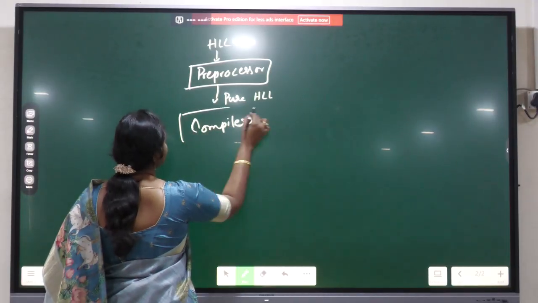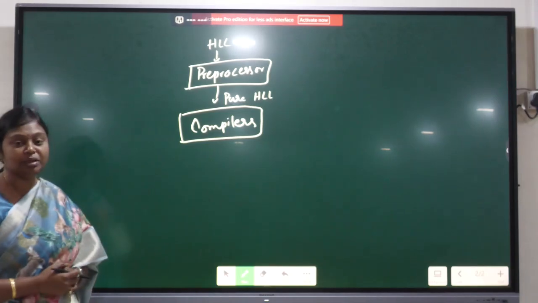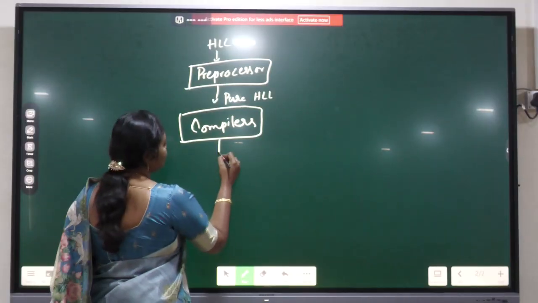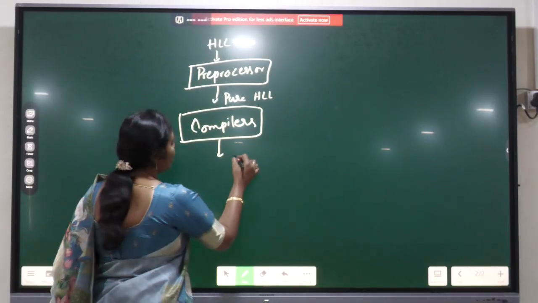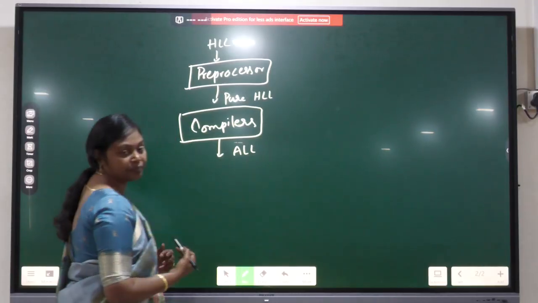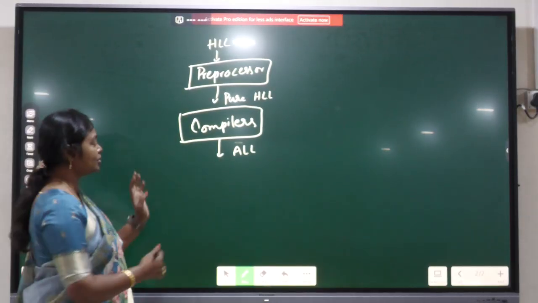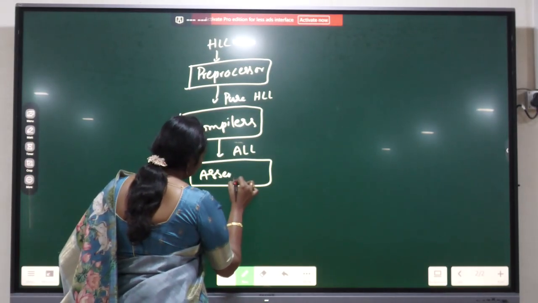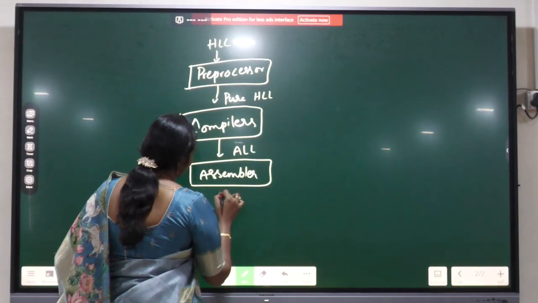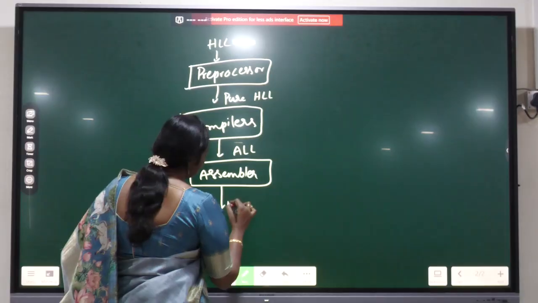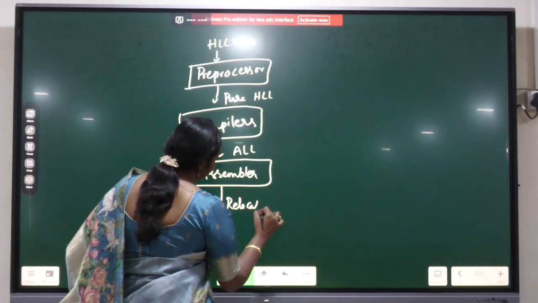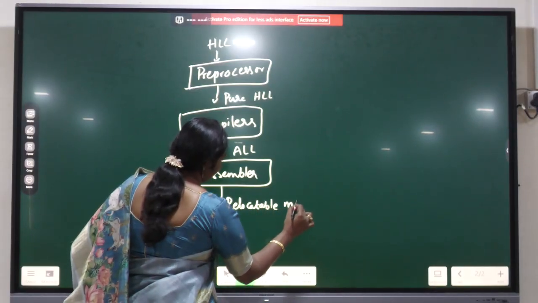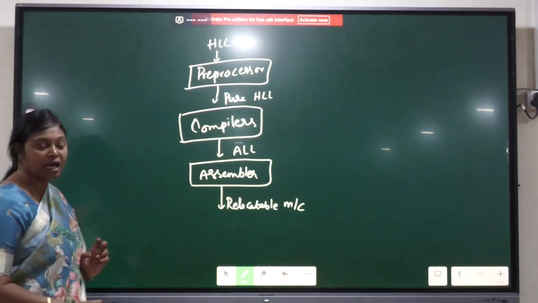So the compilers will get pure high level programming language as input. And the compilers will convert pure high level programming language into assembly level programming language. This is the task of the compiler. Next, the assembler will take care of this assembly level programming language, and relocatable machine code will be the output of the assembler.